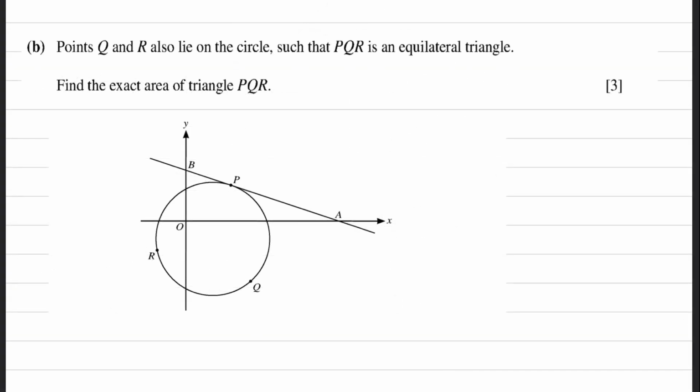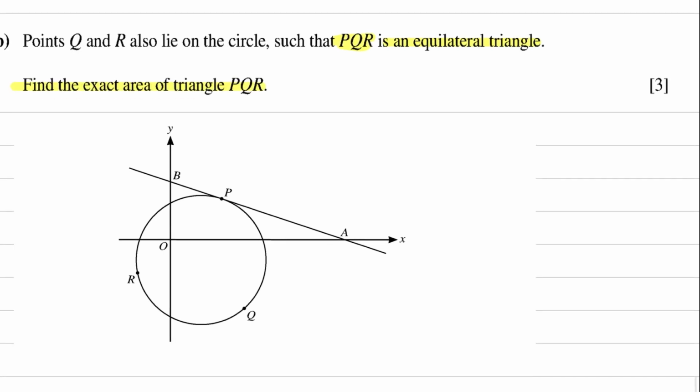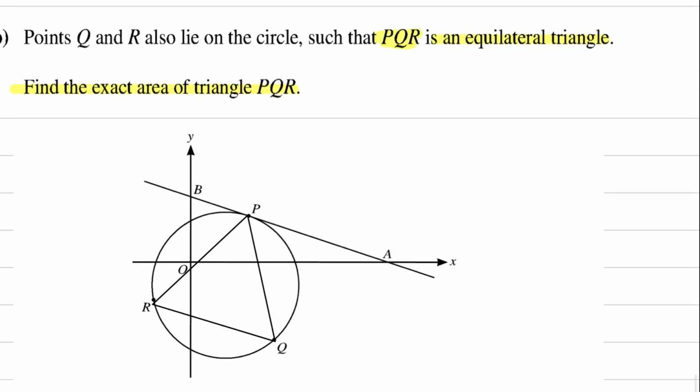The second question, we have points Q and R that also lie on the circle, such that PQR is an equilateral triangle. Find the exact area of triangle PQR. So this is PQR. Let's draw PQR, and this makes an equilateral triangle. So this is the center of the circle that we have.